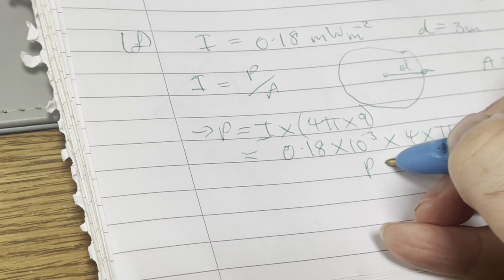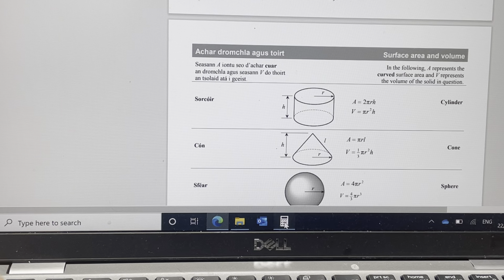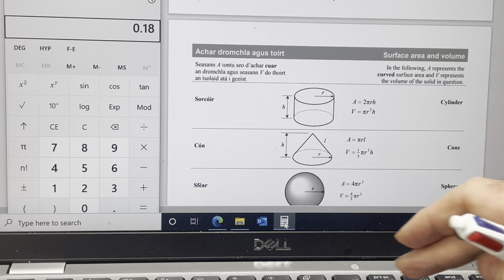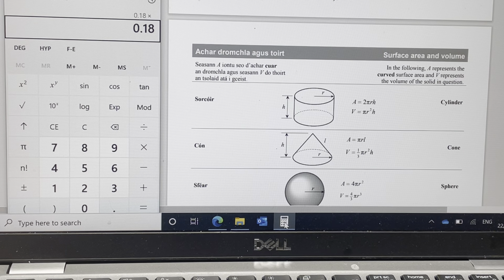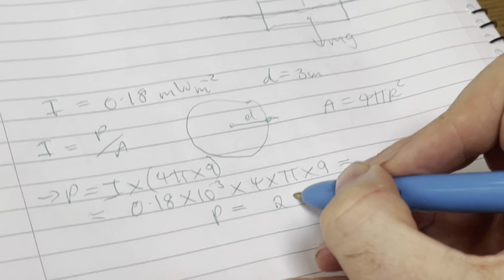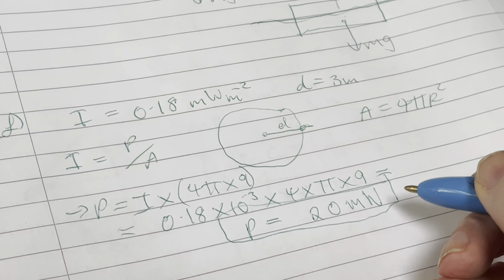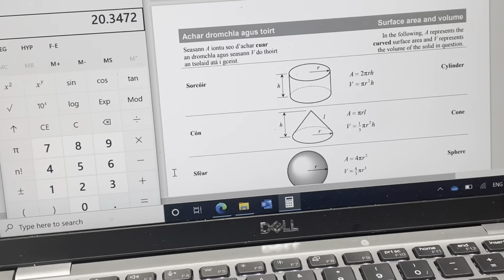Okay, so power will be equal to, let's run that into the calculator. 0.18 by 36 by 3.14, let's say. Power is equal to 20 milliwatts. So just remember the milli there. Okay. All right.